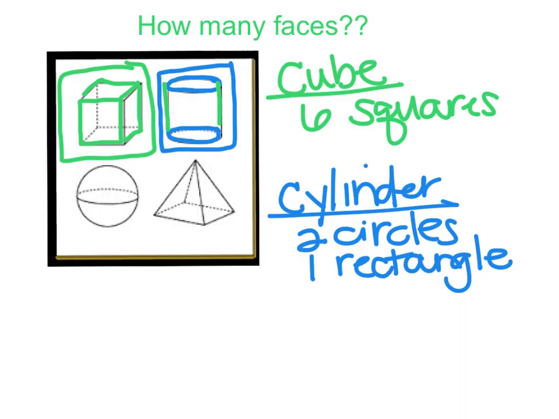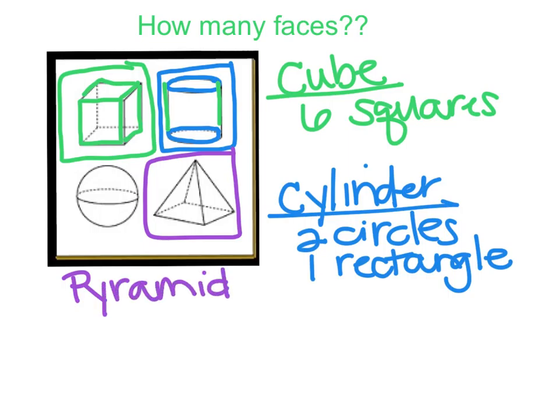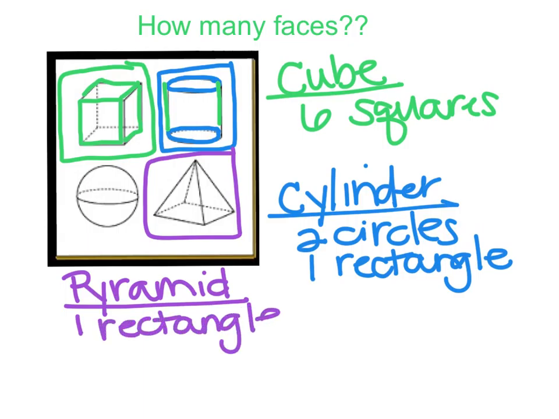And then the third and final figure here, on the right, is your square pyramid. So that pyramid right there sits on a square, and a square is also classified as a rectangle, so you would just say that there is 1 rectangle, but it won't be counted wrong if you say square, because it could be a square.